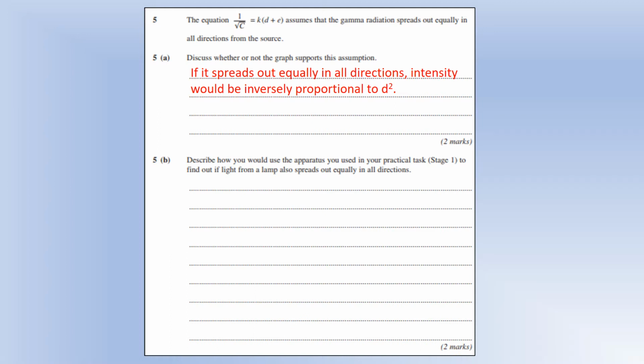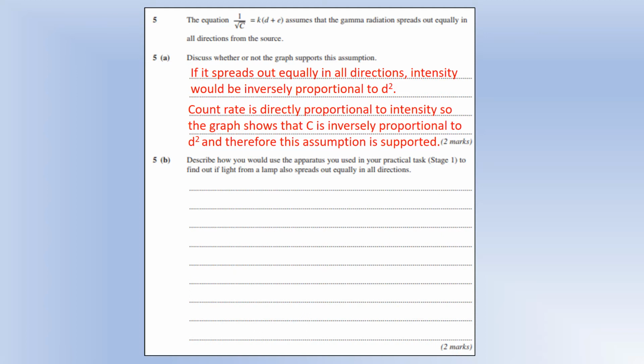So with radiation, as long as our detector area remains fixed, the count rate is going to be directly proportional to the intensity. So if you double the intensity, you should get double the count rate. So the graph shows that C is inversely proportional to D squared. And so therefore it does support that assumption.